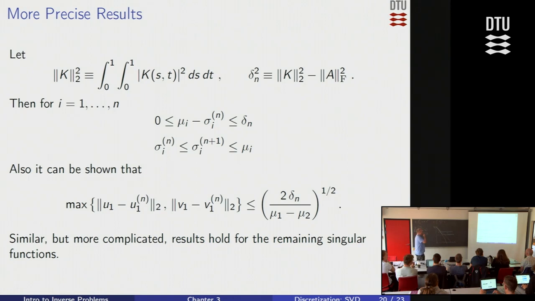The other thing we see from that one is that since this difference is, we can prove, greater than or equal to 0, our computed singular values are always smaller than or maybe equal to the true singular values.